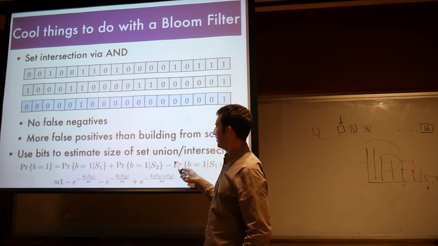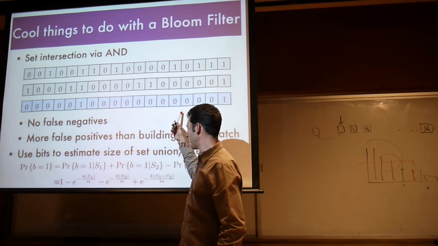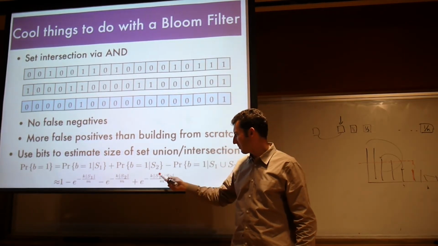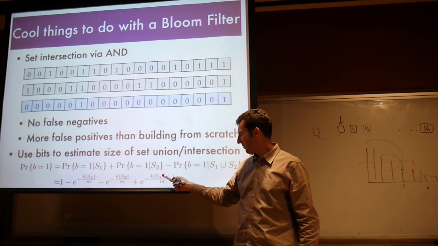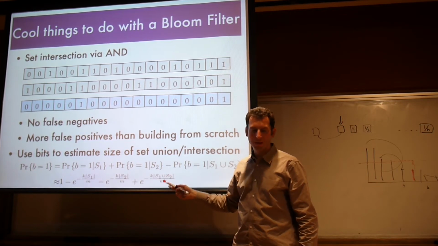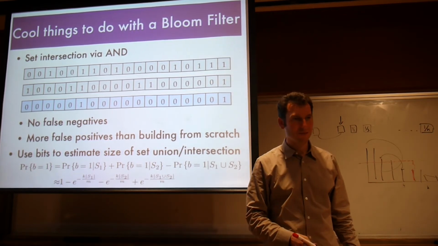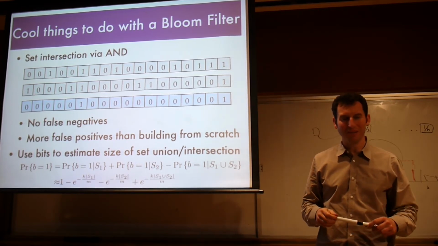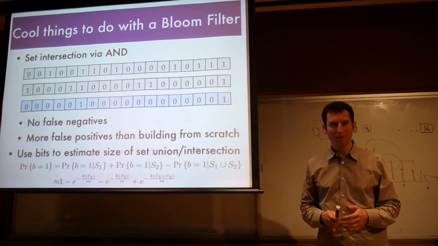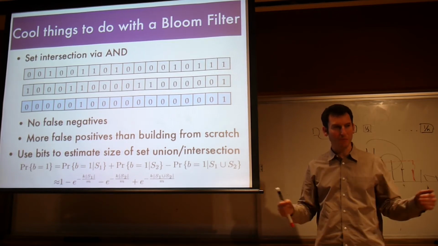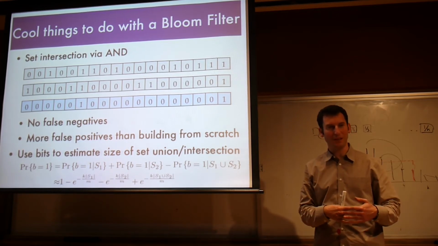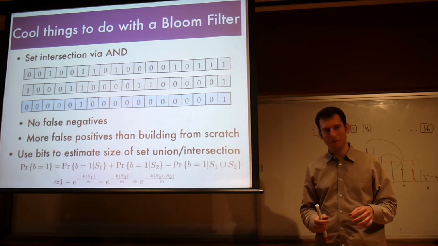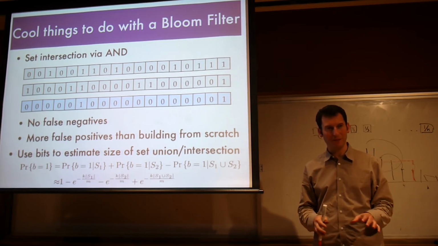You then perform this operation, count the number of bits, and based on that you can estimate the number of elements in the union and also in the intersection. And by and large what it means is that the number of bits that are jointly in both Bloom filters or just in a single one will be a good proxy for how many elements you have in the sets.